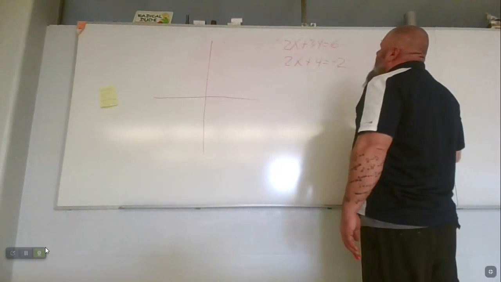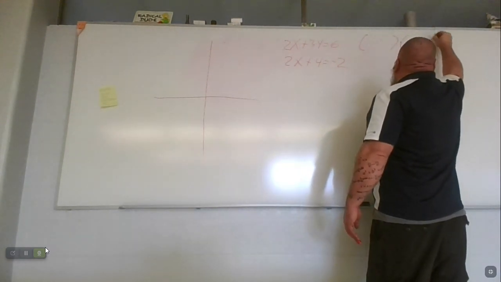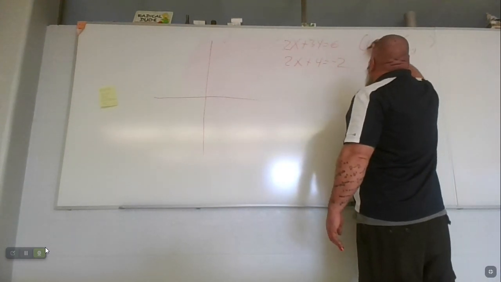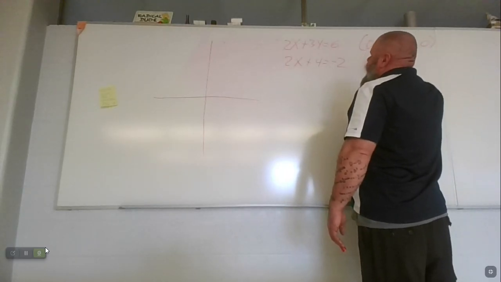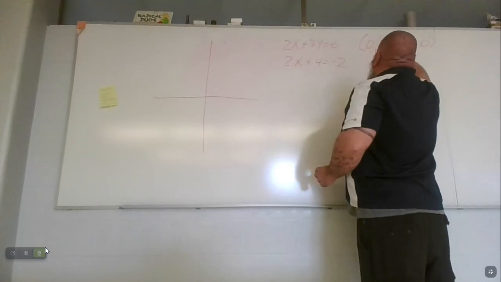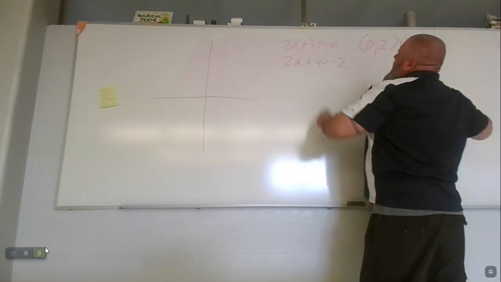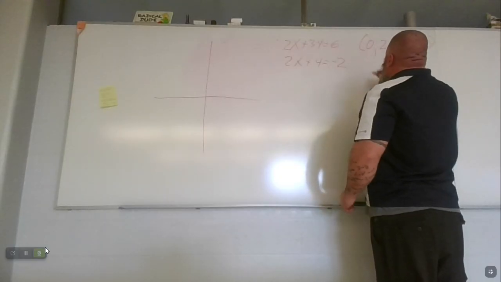All right, welcome back. Let's solve for our intercepts here. For the y-intercept, x equals 0. You get 3y equals 6, so y is 2. Then x is equal to 3.